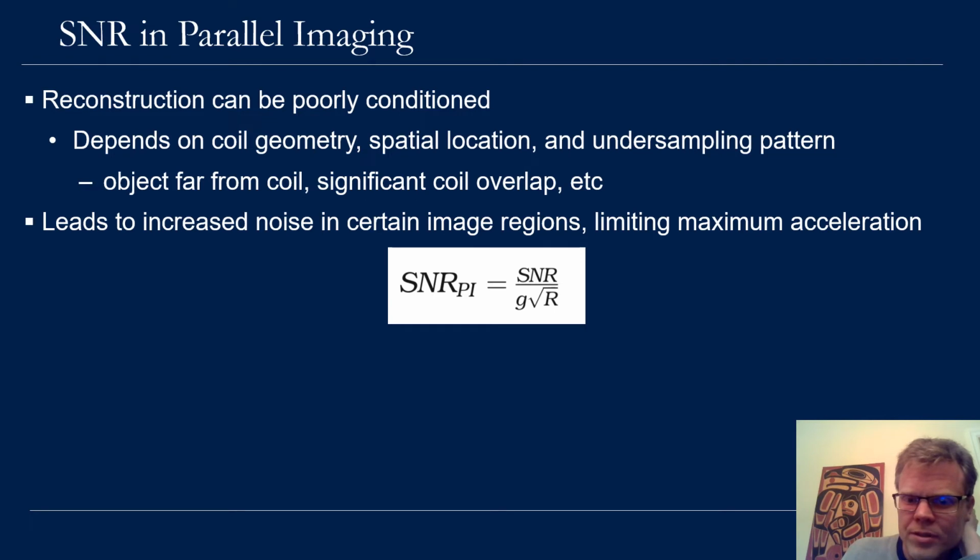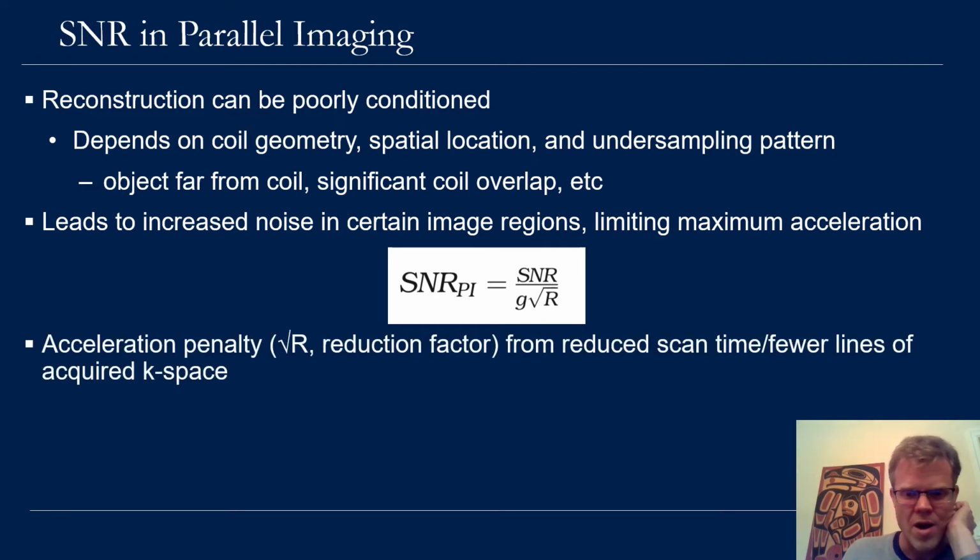And so for parallel imaging, we have this modified SNR equation, where part of it is related to the undersampling factor, which I often abbreviate as R. This actually comes from our standard SNR equation: if we go R times faster, since SNR depends on the square root of the total measurement time, then we're going to have a square root of R less SNR just due to measurement time effects, just because we sample for less time.